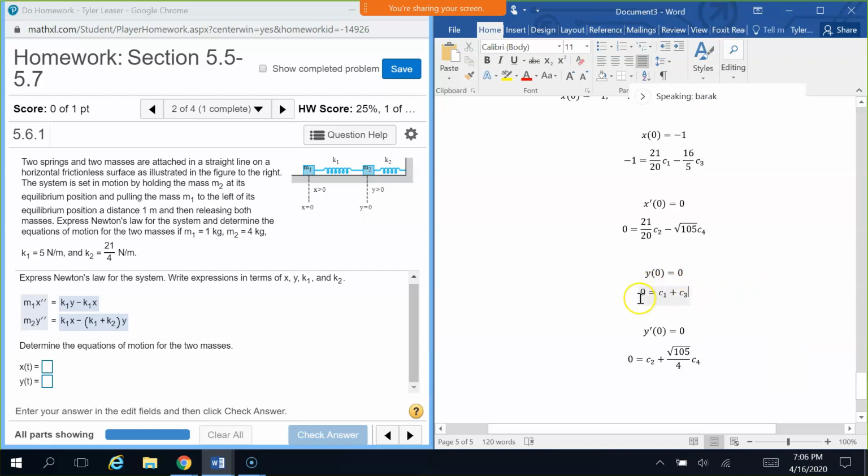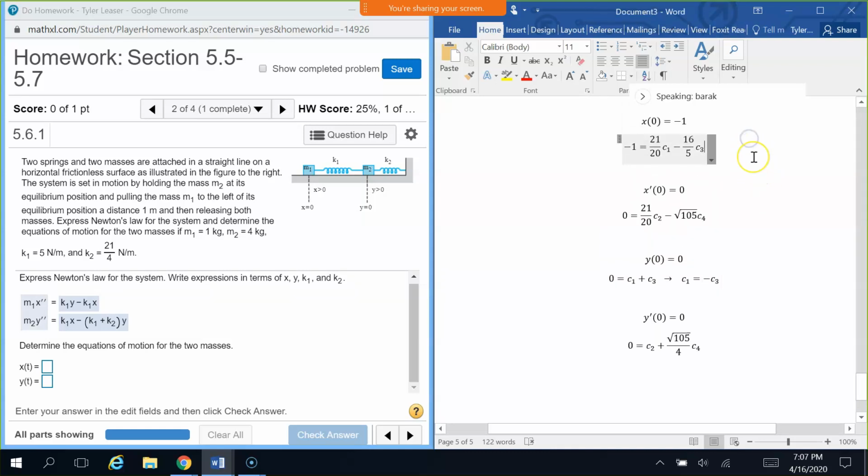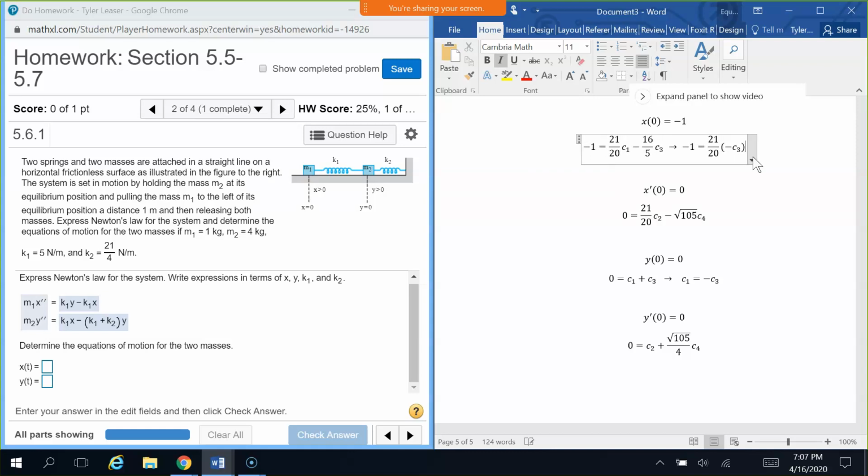I'd probably start with this third one, because this third one gives me that C1 is equal to negative C3. And I can plug that into the first equation. Because that's going to give me -1 is equal to 21/20 negative C3 minus 16/5 C3.